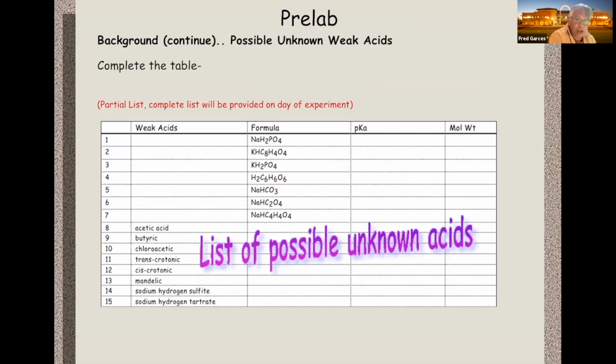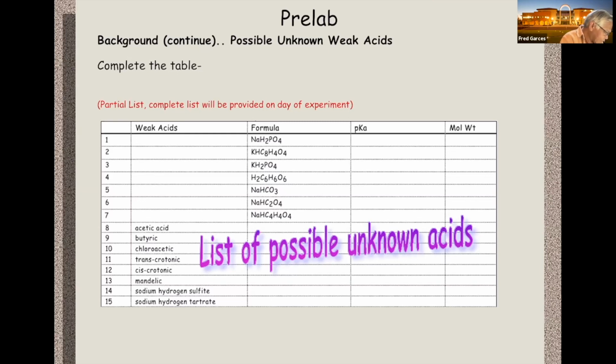Now, don't follow this list. This is a more extensive list. There's a list in your lab manual. This experiment has been revised numerous times, but I just want to show you what I mean by the Kas of your experiment.